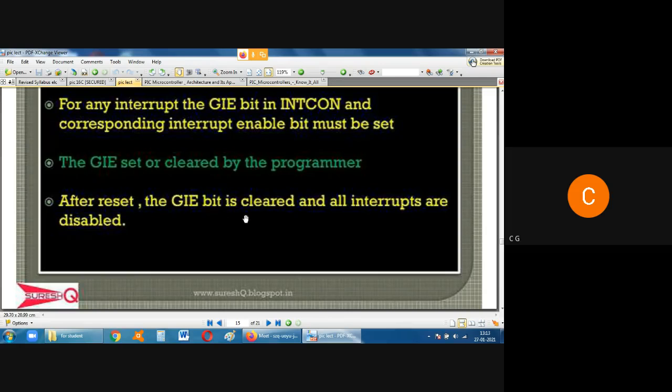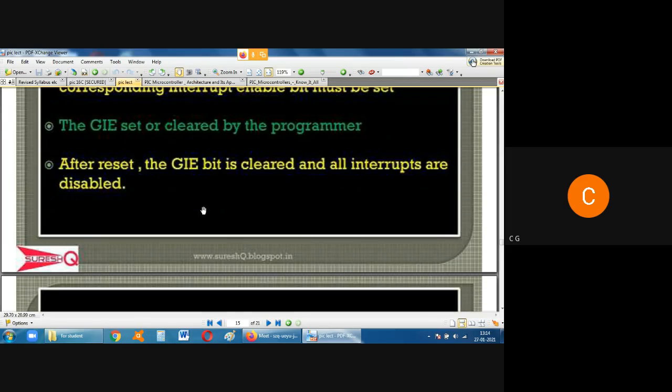That interrupt enable is in the hand of the programmer, to enable or disable the interrupt section of the CPU. After reset, the GIE bit is cleared and all interrupts are disabled. So when you do reset, along with loading the program from memory location 000, it also clears the various flags which are enabled.